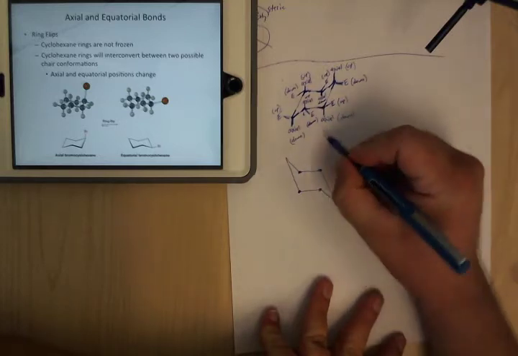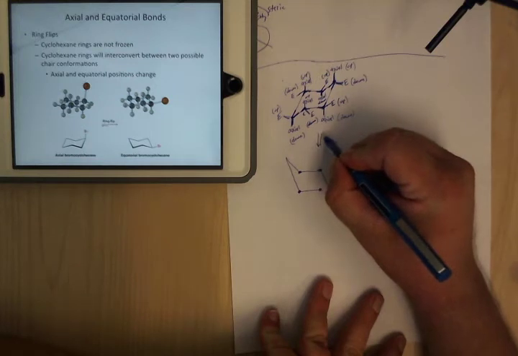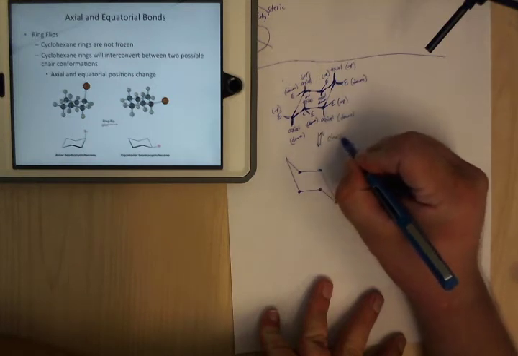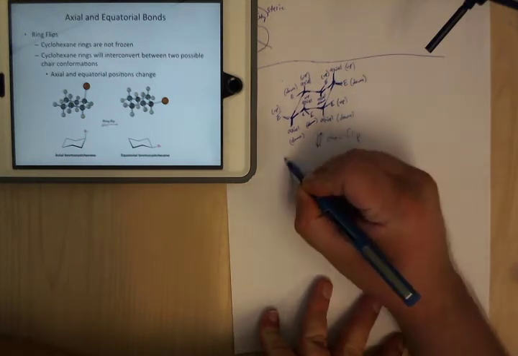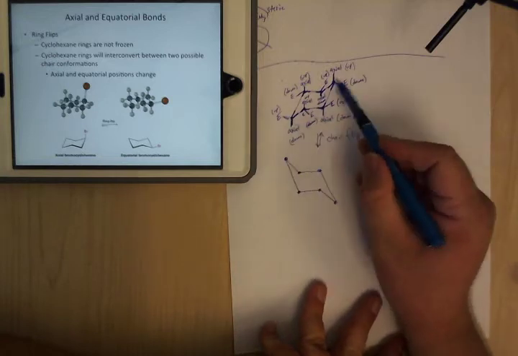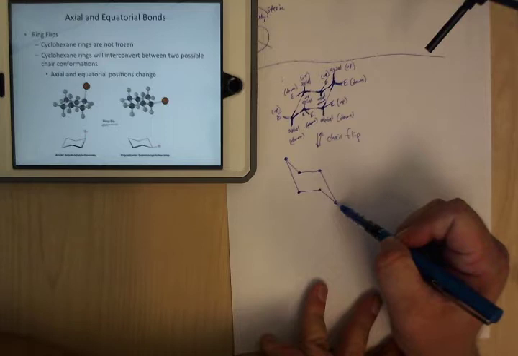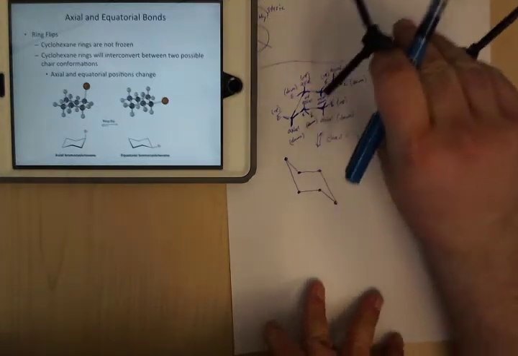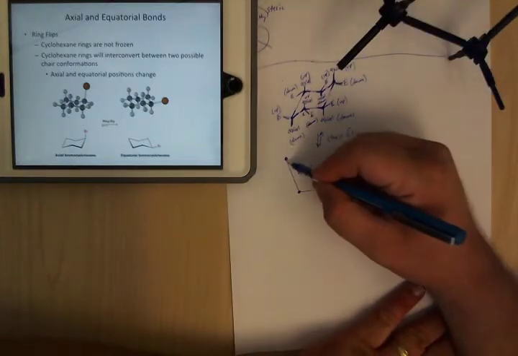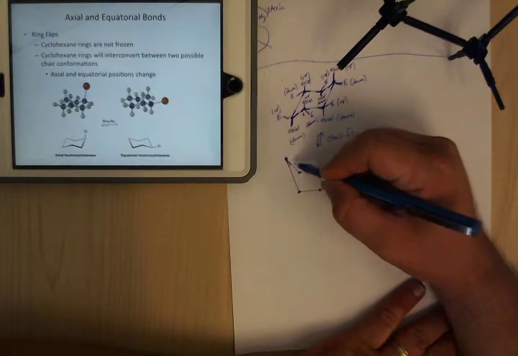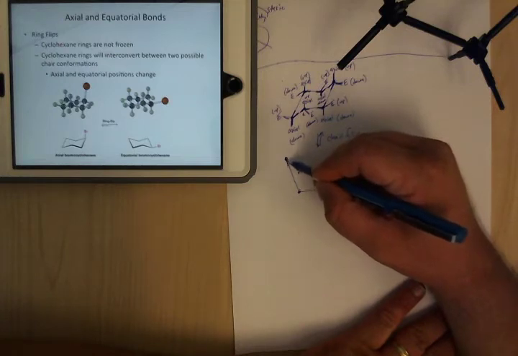Okay, so this is what's called a chair flip. If your head was up here, now it's going to flip down to be down here. Remember, now you look at where the axial and equatorials are.